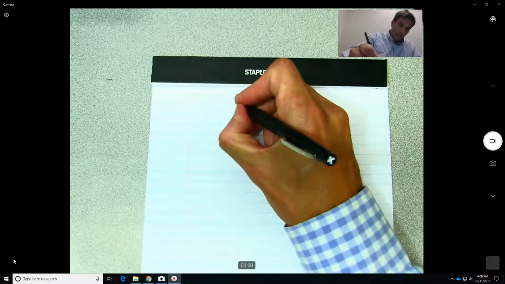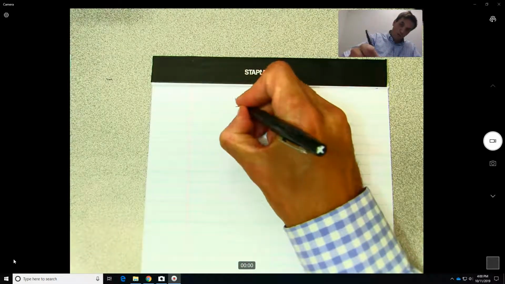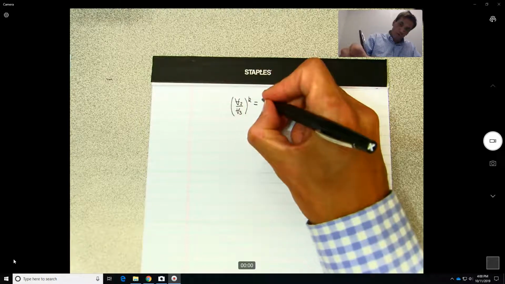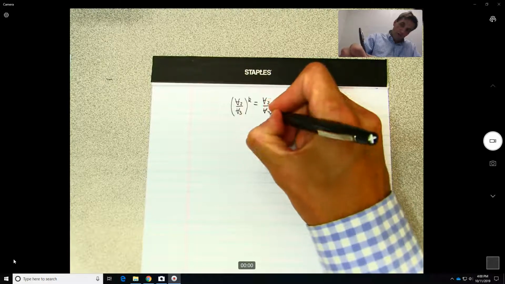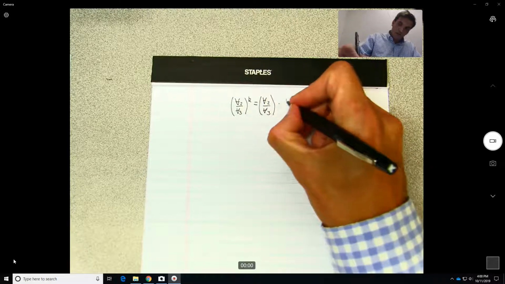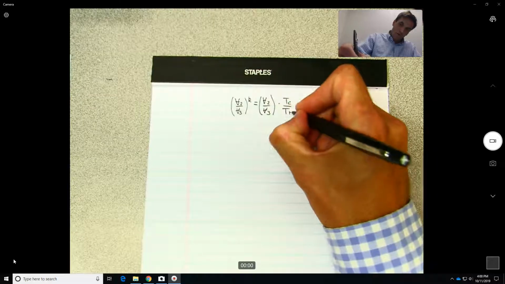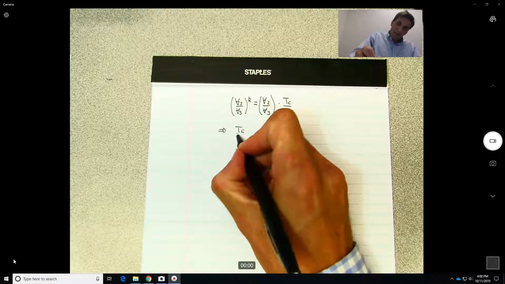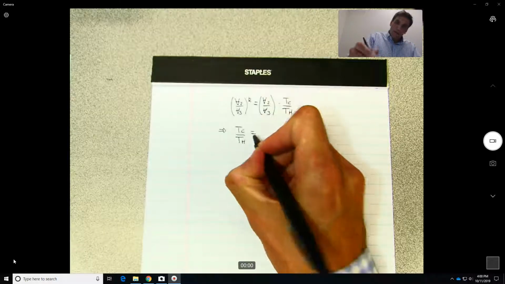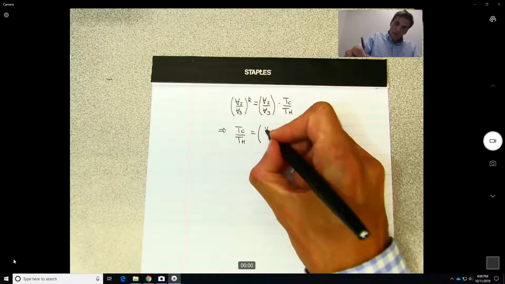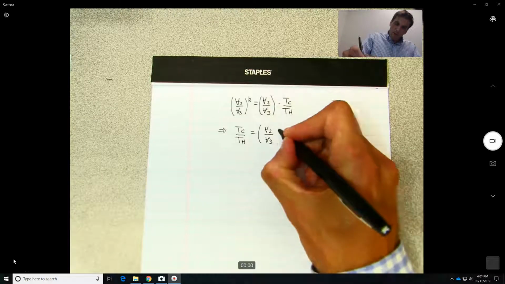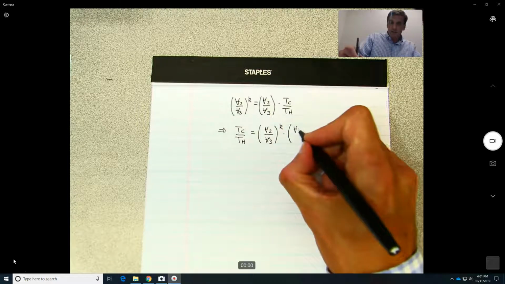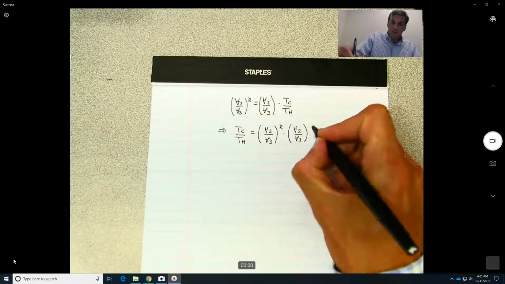So let me just rewrite it. We will have V2 over V3 to the K equals V2 over V3 times T cold over T hot. So over here I can rewrite that T cold over T hot will be equal to V2 over V3 to the K times V2 over V3 to the minus 1.